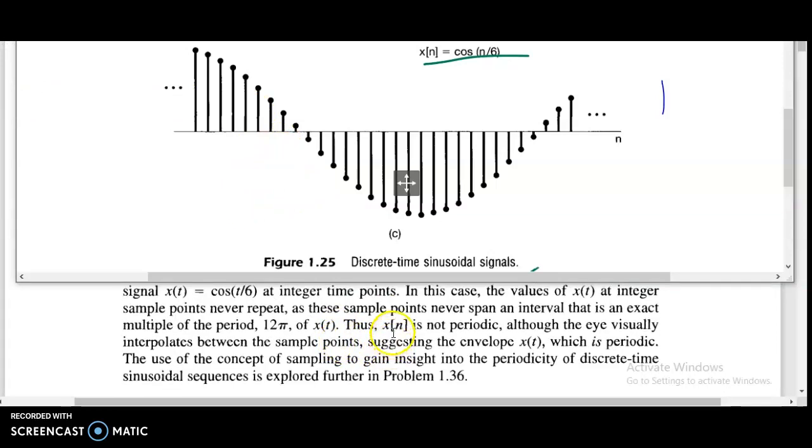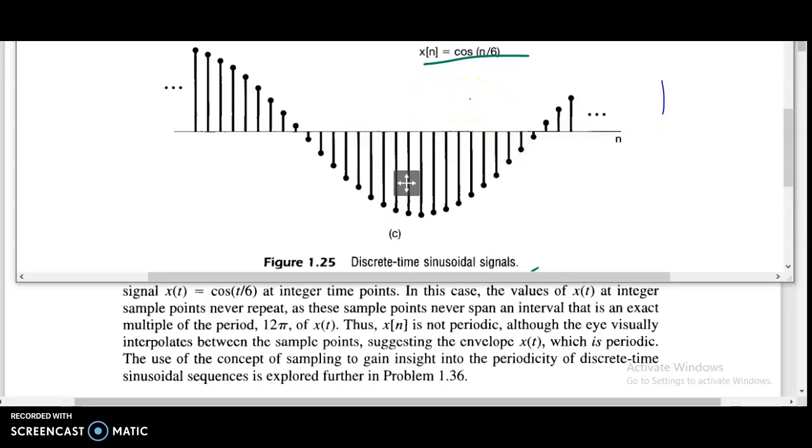Thus, x of n is not periodic, although the eye visually interpolates between sample points, suggesting the envelope x of t, which is periodic.